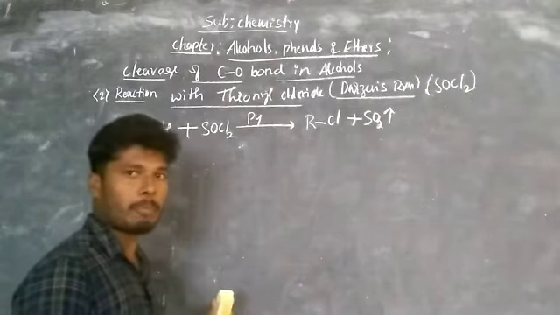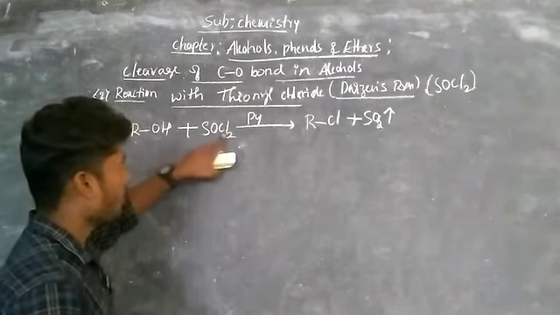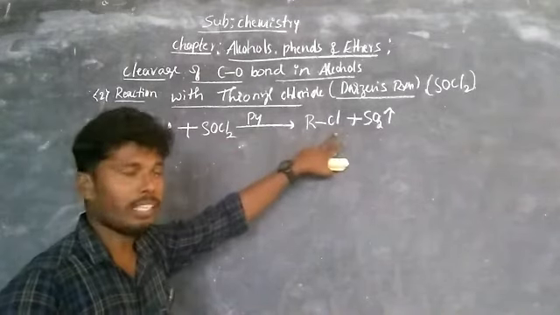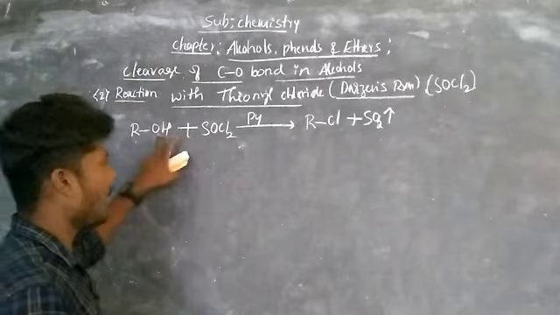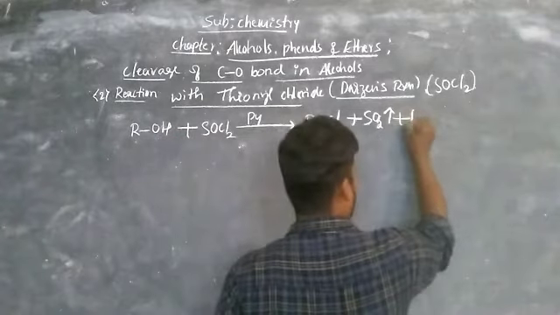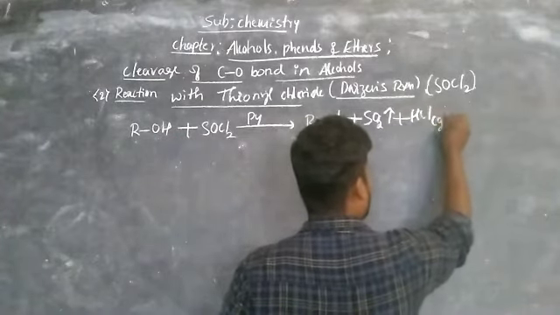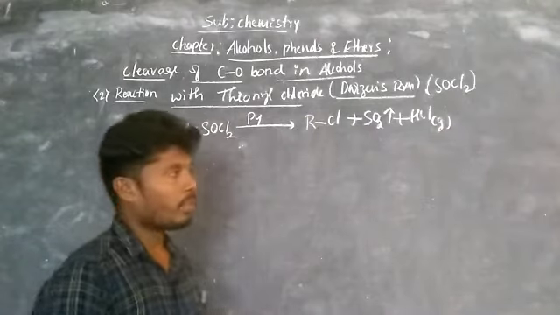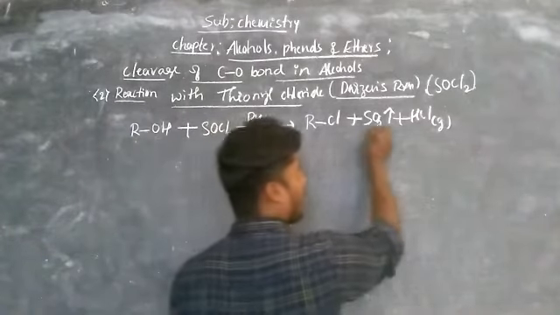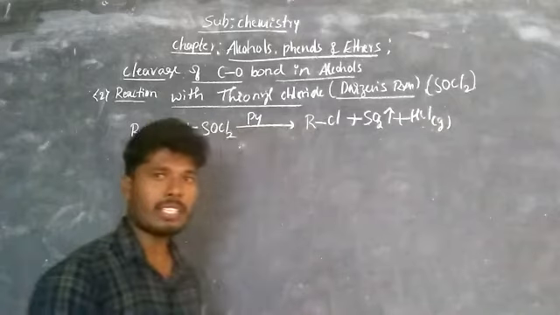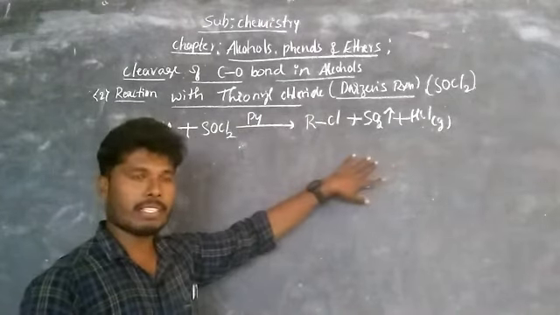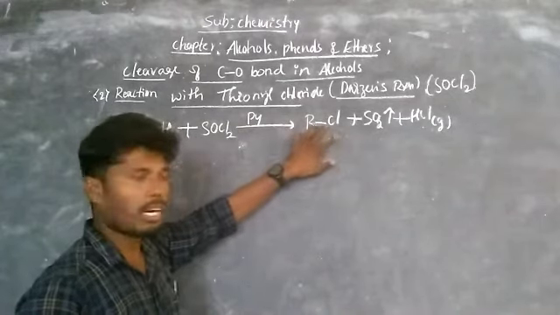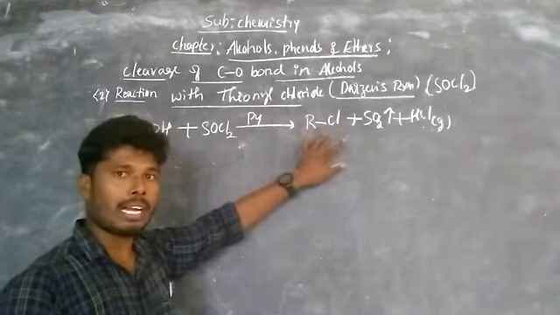Show the arrow mark upward. Then there are two chlorine atoms, one is here, and the second one with hydrogen becomes HCl. This is also in gas form. Here both sulfur dioxide and HCl are gases. They can be liberated easily and you get the pure alkyl chloride or alkyl halide.